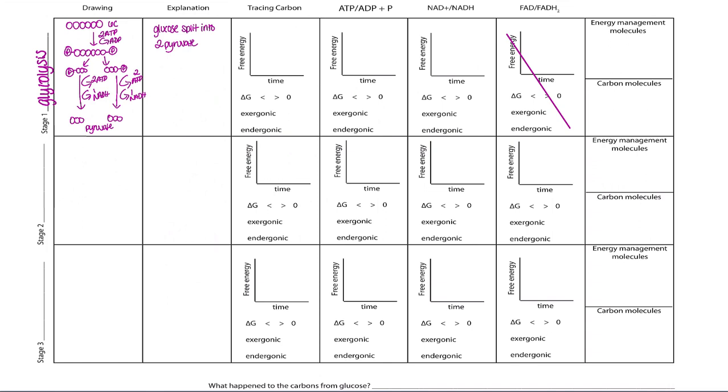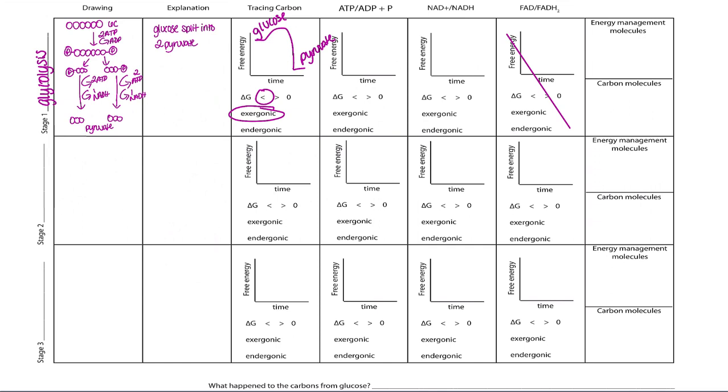For carbon, if we were to draw our energy reaction diagram, we start with glucose and we end with pyruvate. Pyruvate has lower free energy available than glucose does. And so when we take glucose and break it down, this is an exergonic reaction, and an exergonic reaction means that delta G is less than 0.